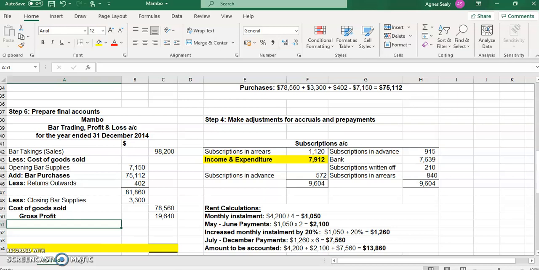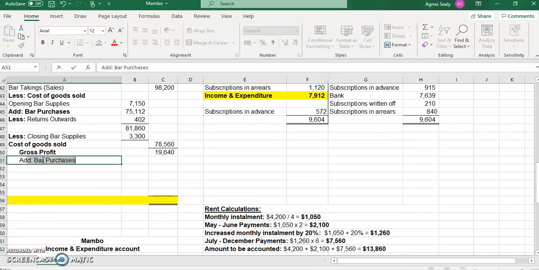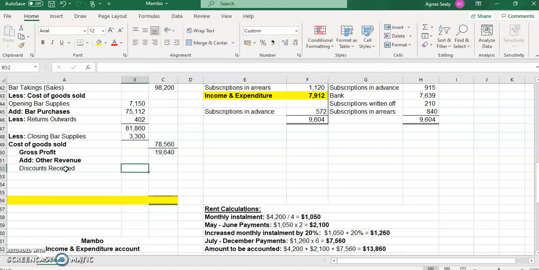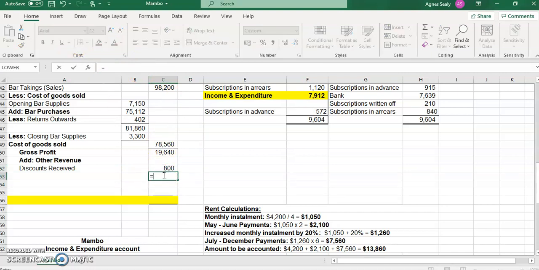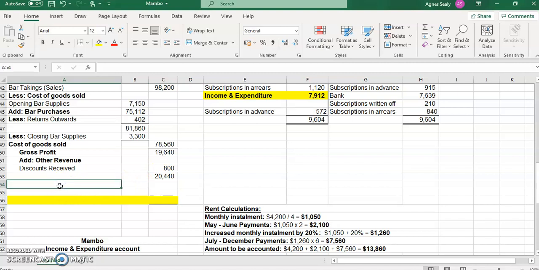So we're adding other revenue, and that would have been the discounts received. Discounts received were $800. And when we add that $800, $19,640 plus $800 gives us $20,440. And then we're going to say less our expenses.